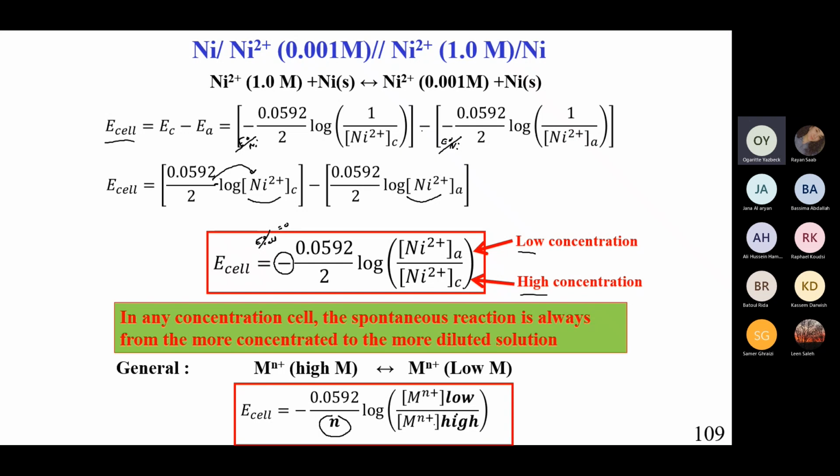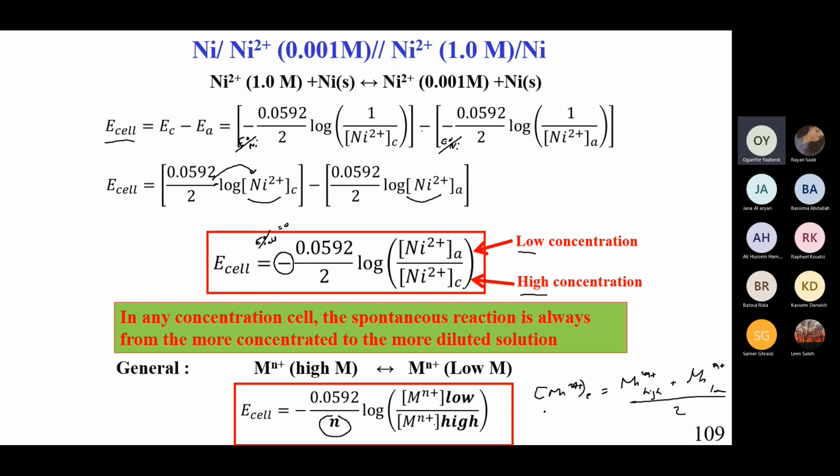And that's it. The overall concentration of the manganese 2 plus at equilibrium is the summation of the manganese high plus the manganese low, divided by 2.